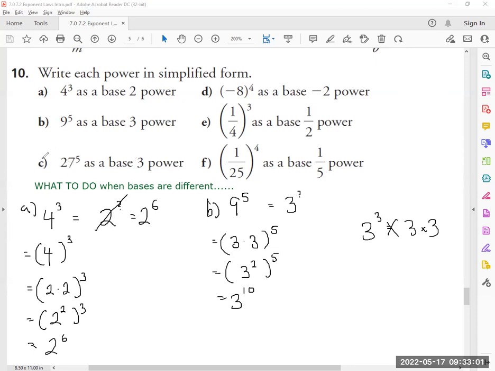I am going to show you C and then D and then even E. Okay? All of these questions are worthwhile. Part C. 27 to the power of 5, I want to write it with a base of 3. So what the heck is 27 in terms of 3s?